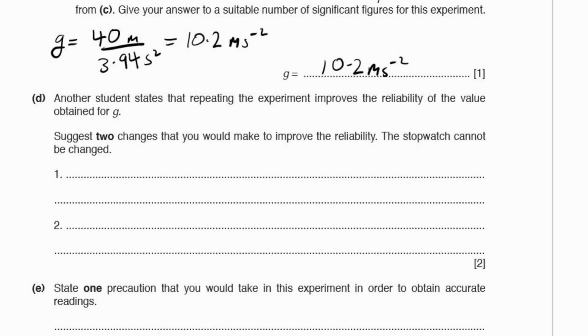Part D. Another student states that repeating the experiment improves the reliability of the value obtained for g. It is a good idea. Suggest 2 changes that you would make to improve the reliability. The stopwatch cannot be changed. In this kind of situation, you wouldn't want to replace the stopwatch.